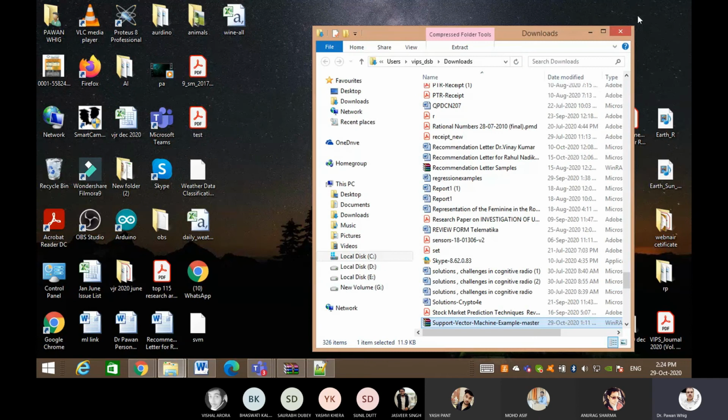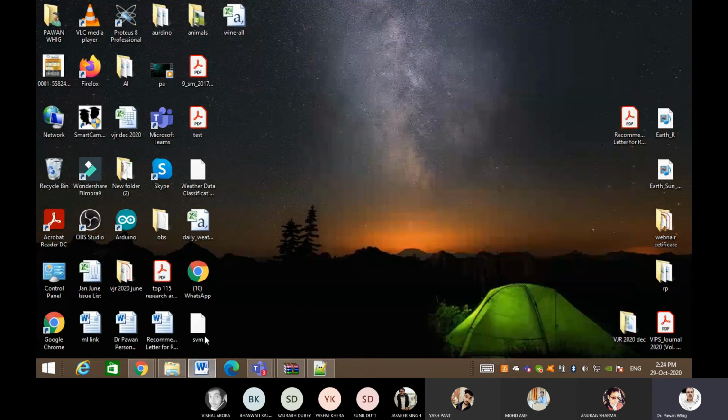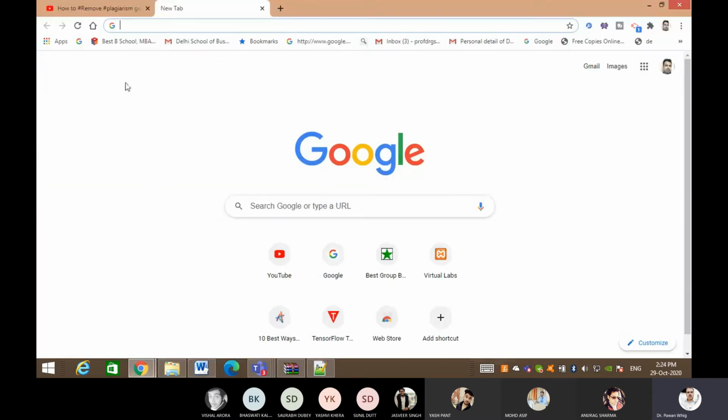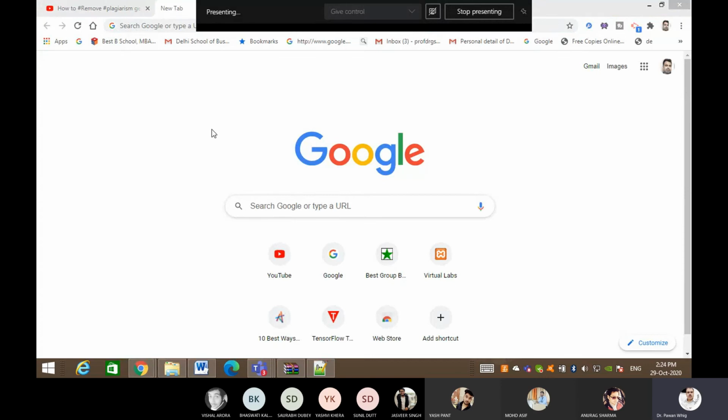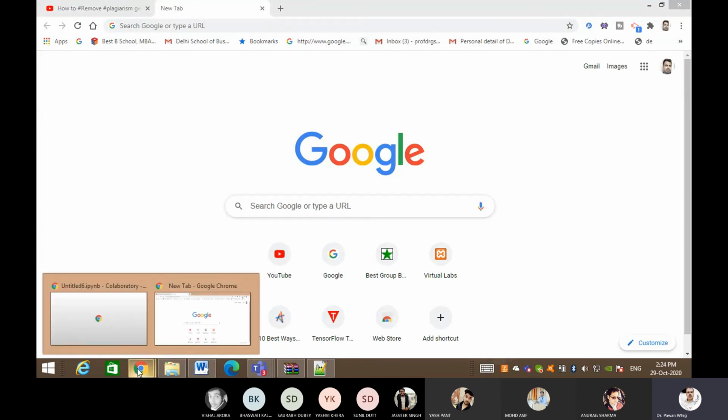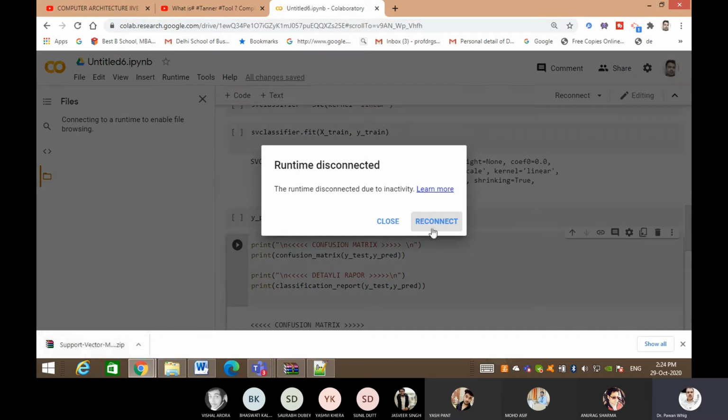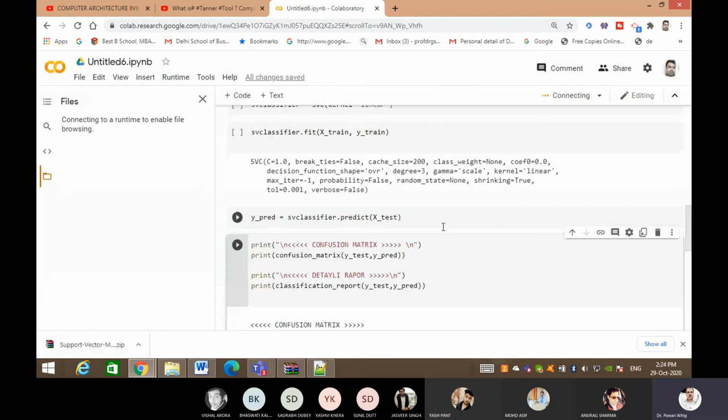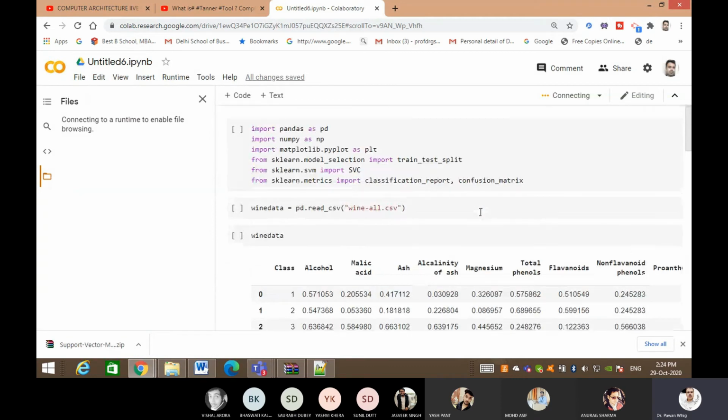For this I have an SVM module and a dataset also. Let me do this in Google Colab rather than in Cognitive Lab. Before the class I already did it, so let me repeat it again.